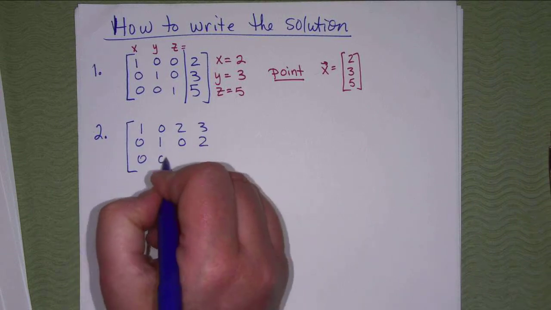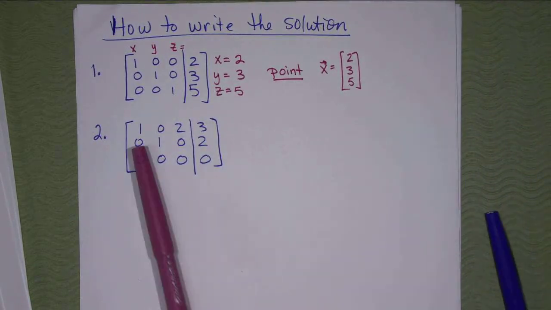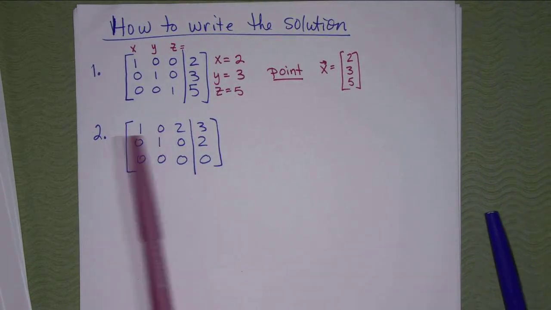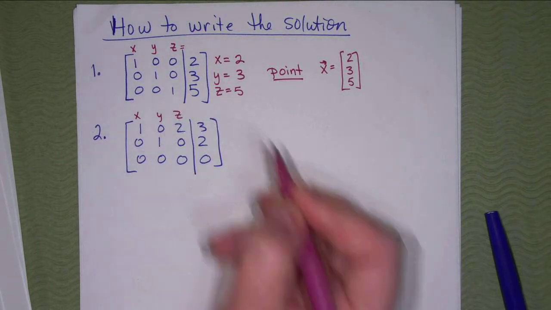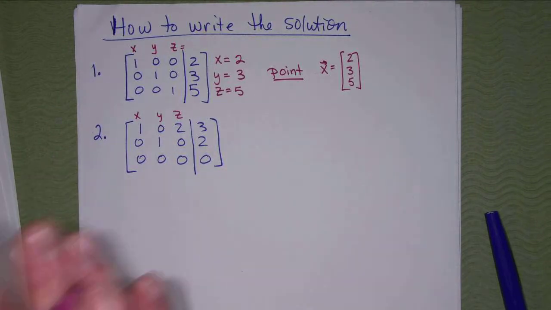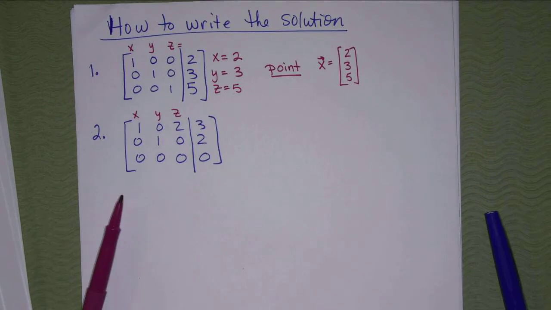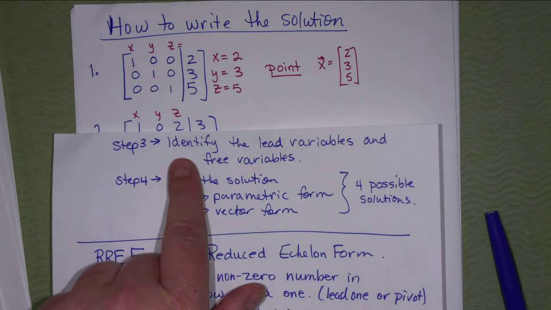So this is still the same size system. We had 3 variables, x, y, z, and 3 equations. And you still take it out the same way. But what we do first, before we write the solution, I said the steps were identify the lead variables and the free variables, and then write out the solution.